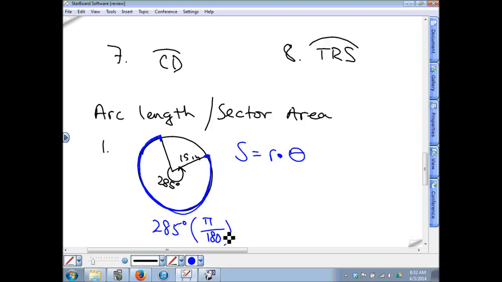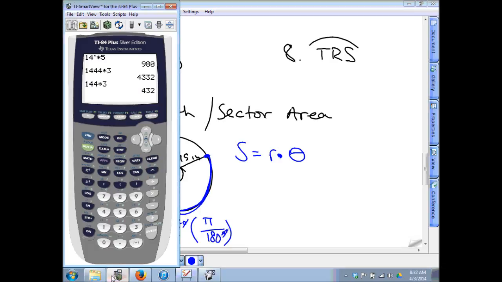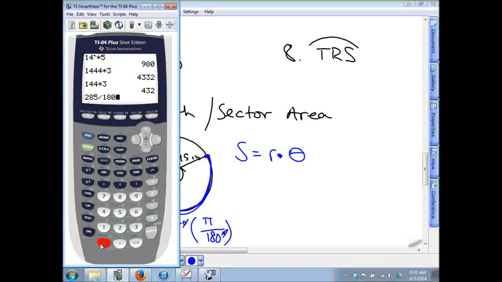Pi over 180. Because now the degree unit of measure is gone. And you've got to simplify 285 over 180. That needs to be a simplified fraction, not a simplified decimal.